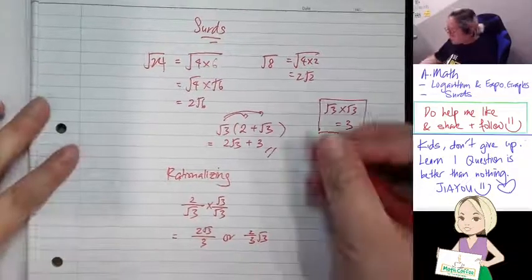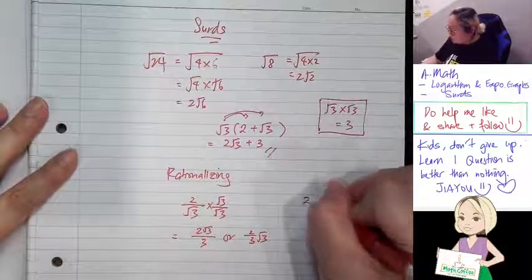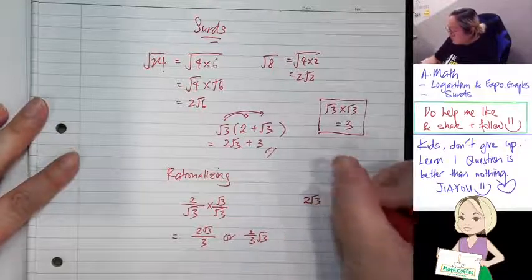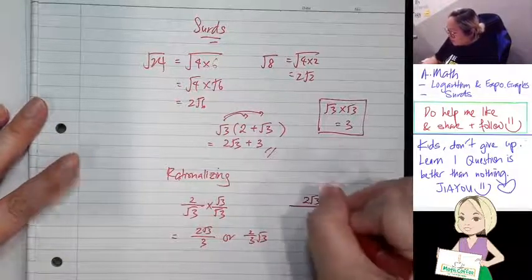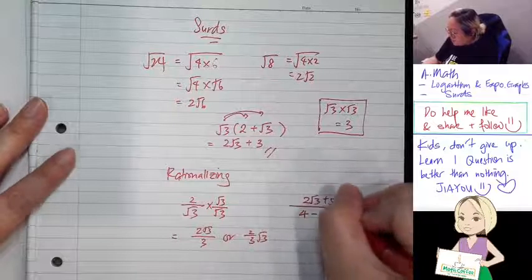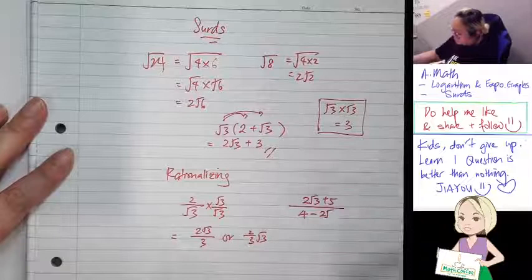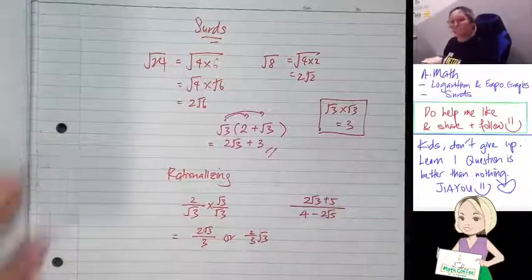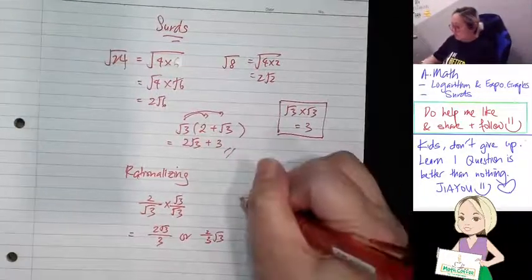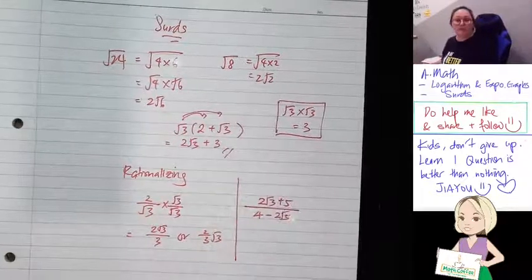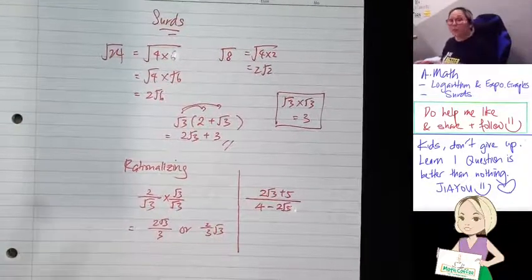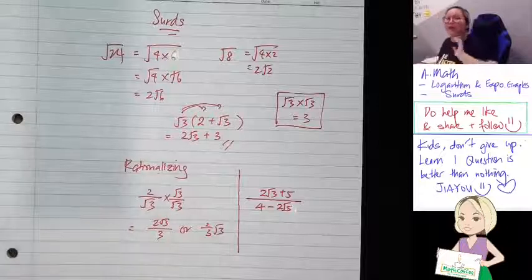Next, if I have, let's say, 2 square root 3 plus 5 over 4 minus 2 square root 3. Okay, I'll use another number. I don't use 3. Let's say 5. Okay, separate. This is a different one. This one, my denominator has surds. Again, I cannot leave my answer in this form.